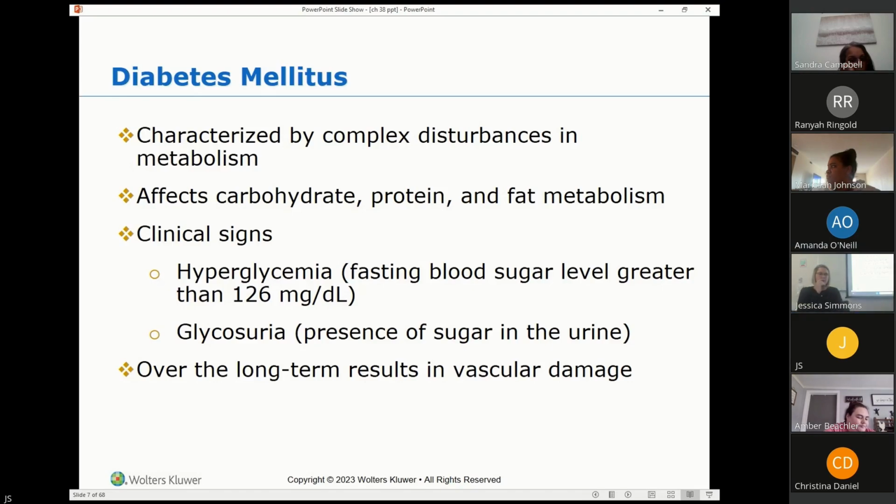If you've been pregnant, we all know how that fun glucose drink tastes. A hemoglobin A1C equal to or greater than 6.5%. In a patient with classic symptoms of hyperglycemia or hyperglycemic crisis, a random plasma glucose greater than or equal to 200. So these are all diagnostic tests to diagnose type 2 diabetes.